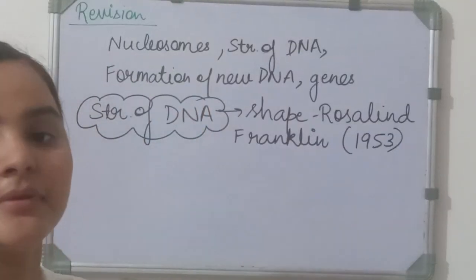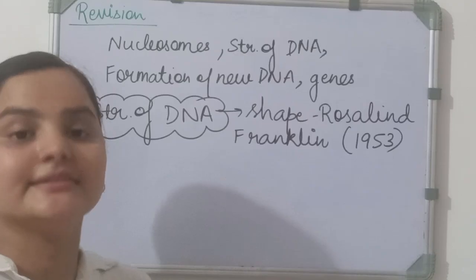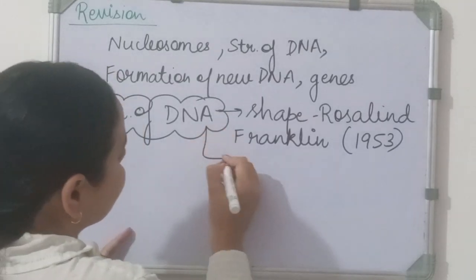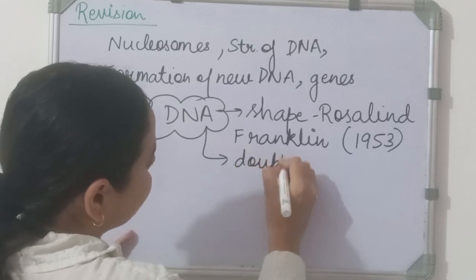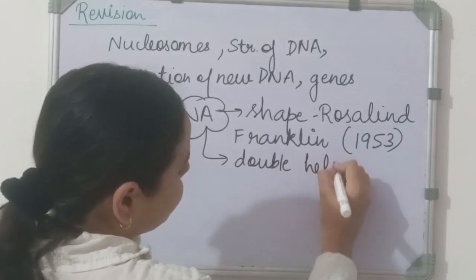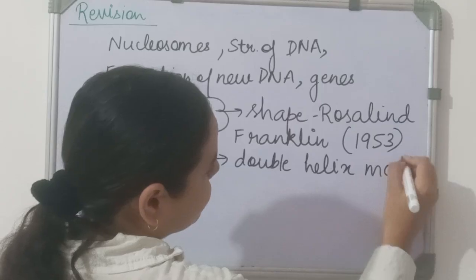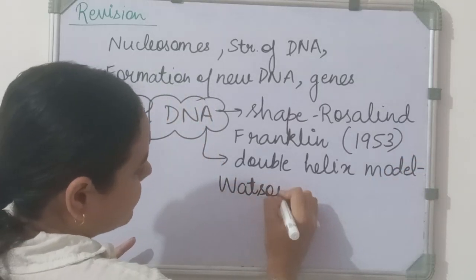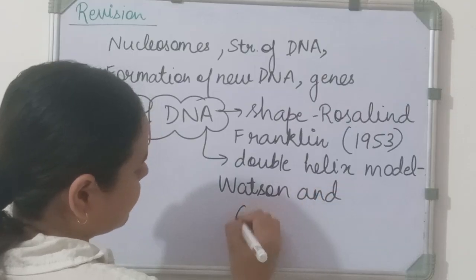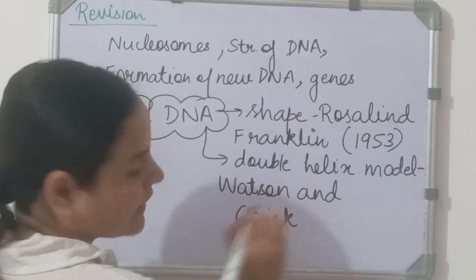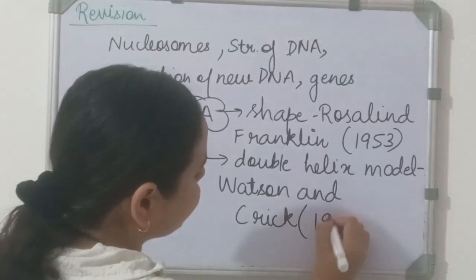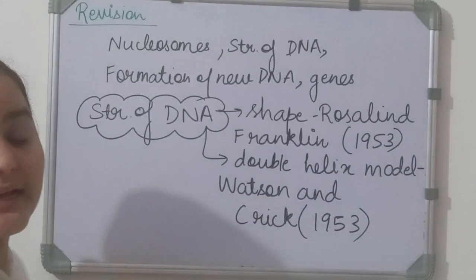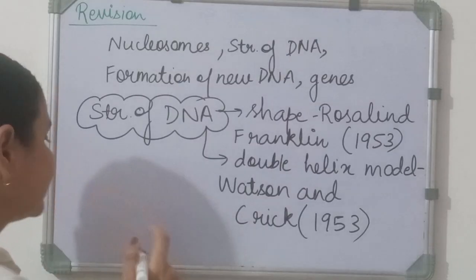Then in the same year, Watson and Crick gave the double helix model of DNA. Double helix model by Watson and Crick. In the same year, 1953.